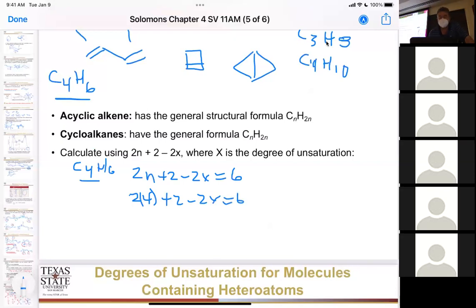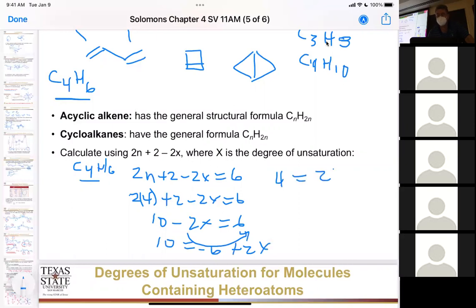So that's 8 plus 2 is 10, minus 2X equals 6. Then let's move this over by adding 2X to both sides, so we have 10 equals 6 plus 2X. If we subtract 6 from both sides, we get 4 equals 2X. Dividing by 2, we get 2 equals our degree of unsaturation.